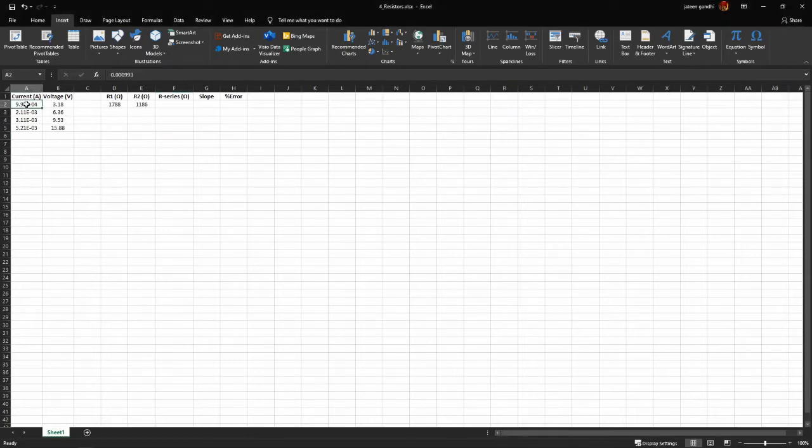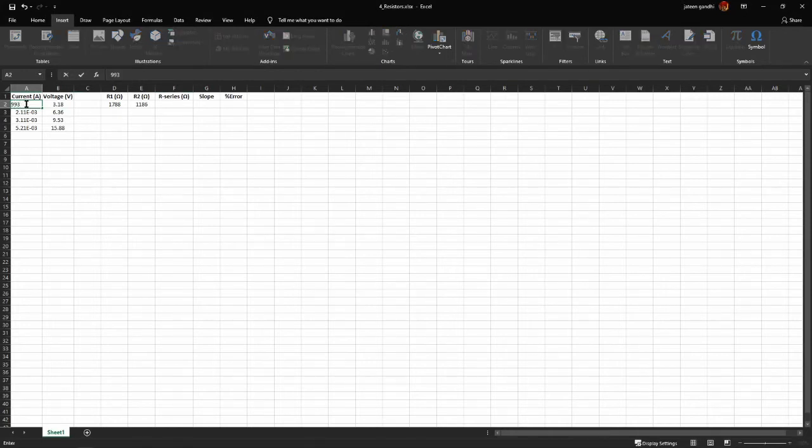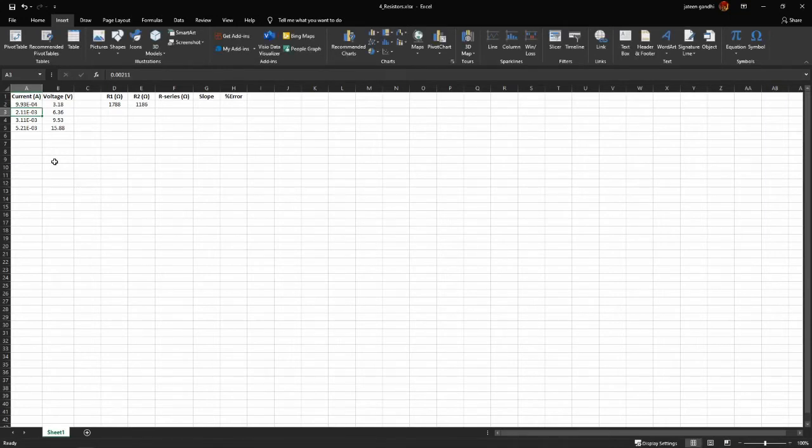Remember, my first value was 993 micro. If I plug in 993e-6, Excel is able to read that and move the decimal place to give me 9.93e-4, which is the same as 993e-6.